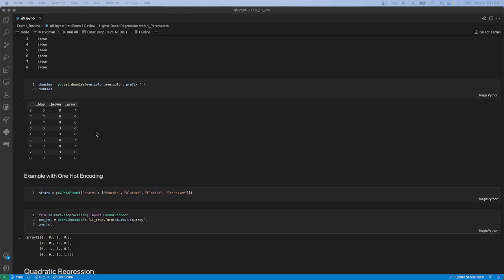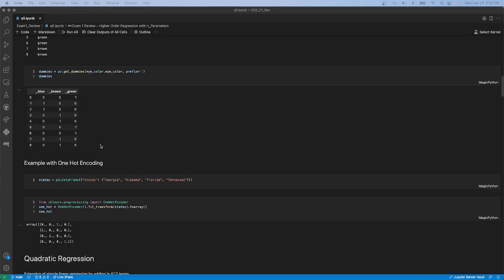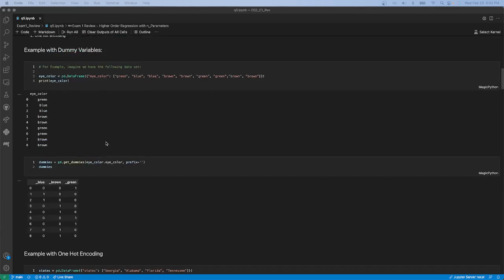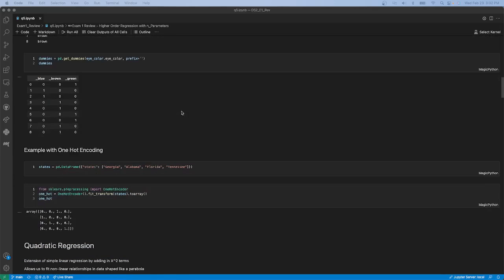Another thing we can do, and this is a different case, but say for example we have a list of unique values, and this is the difference really, is the fact that in this data group we had a bunch of different repeat values. So we had green, green, brown, brown. In this case, we have a unique list.